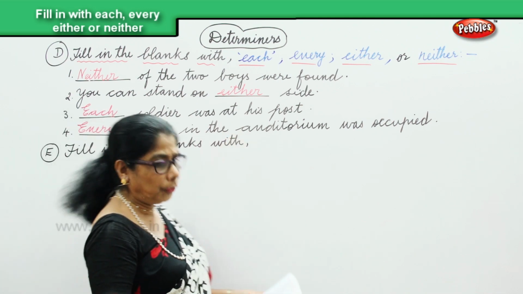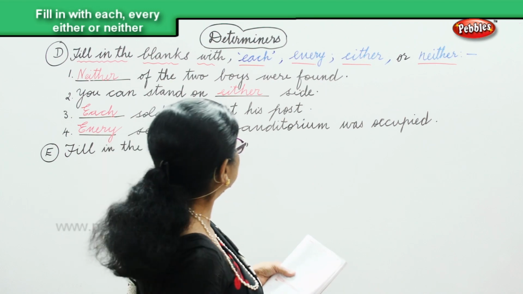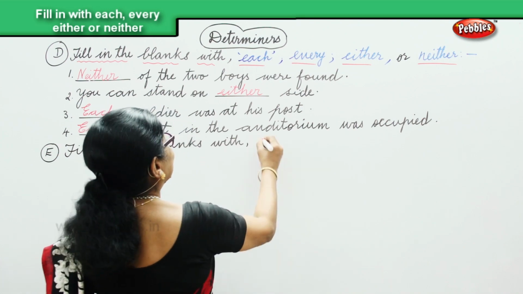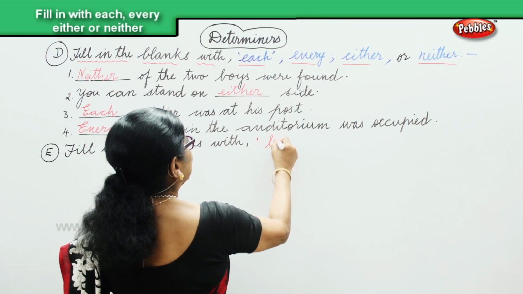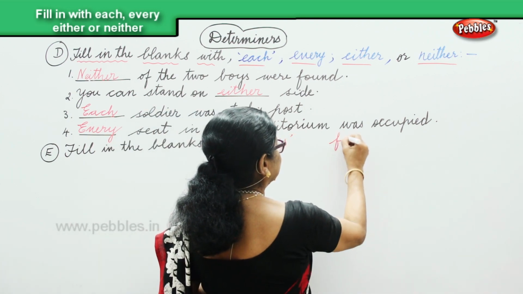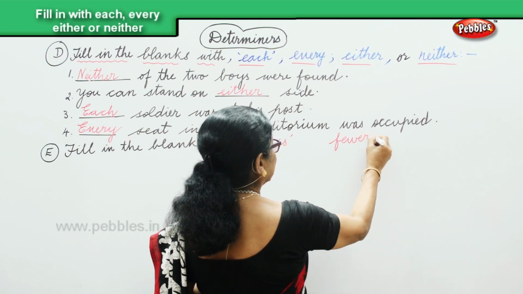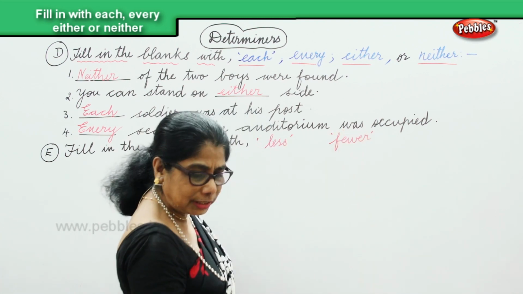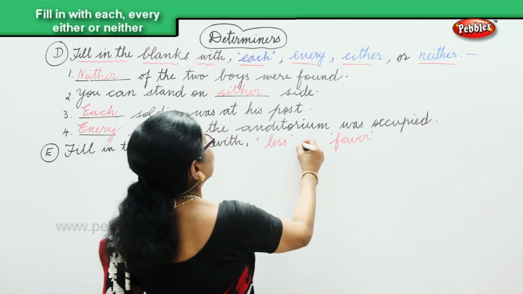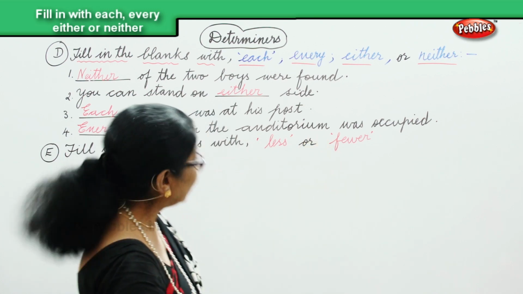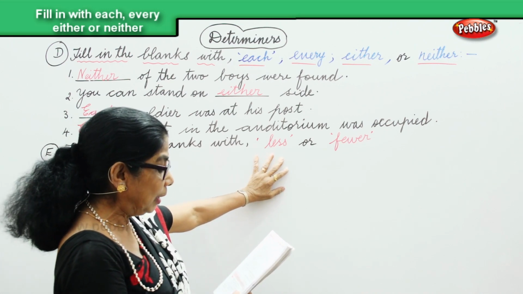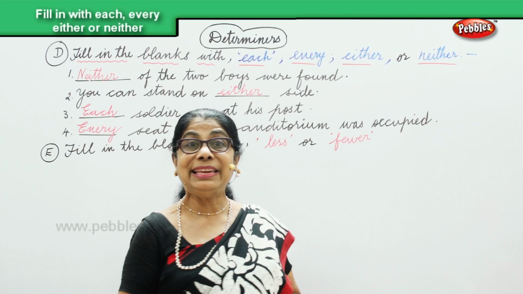We are going to use less or fewer. When you say less, we mean quantity. And when we say fewer, we mean number.